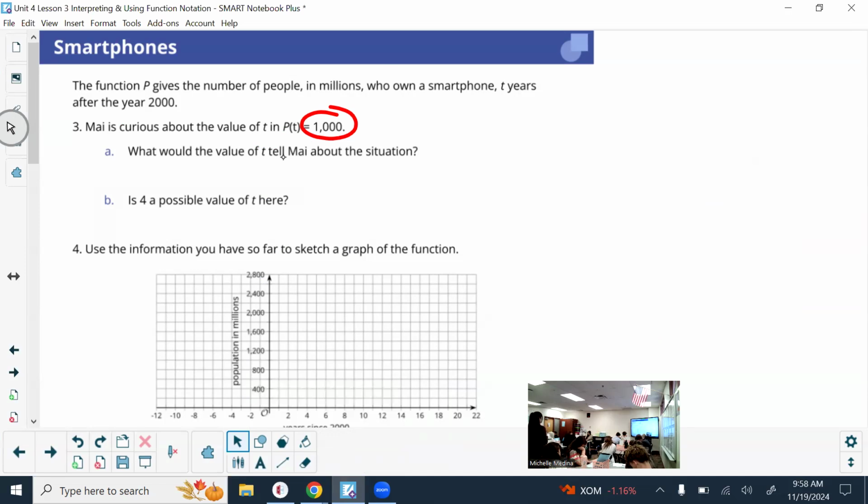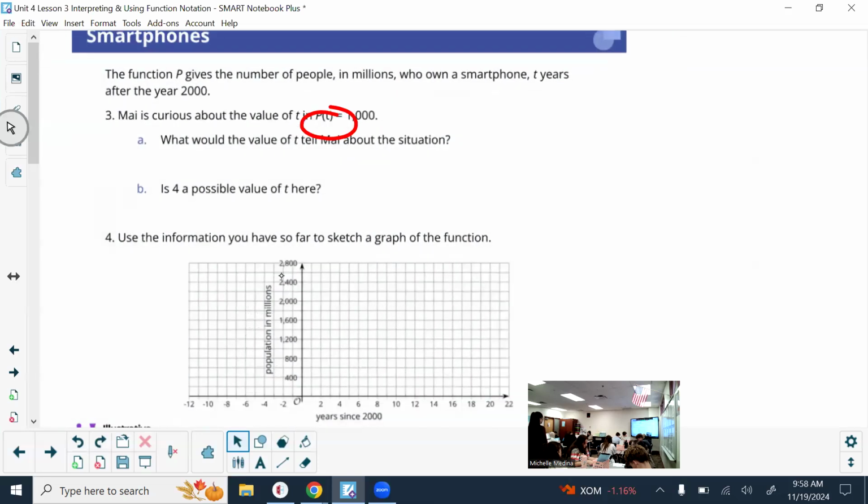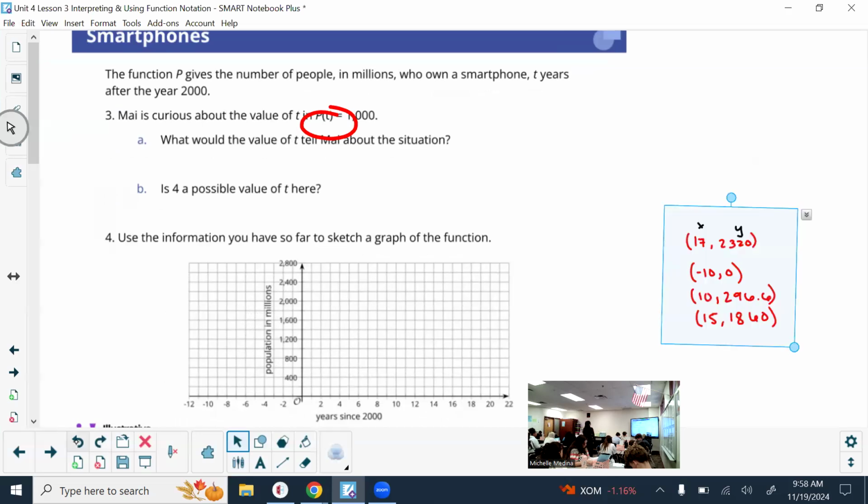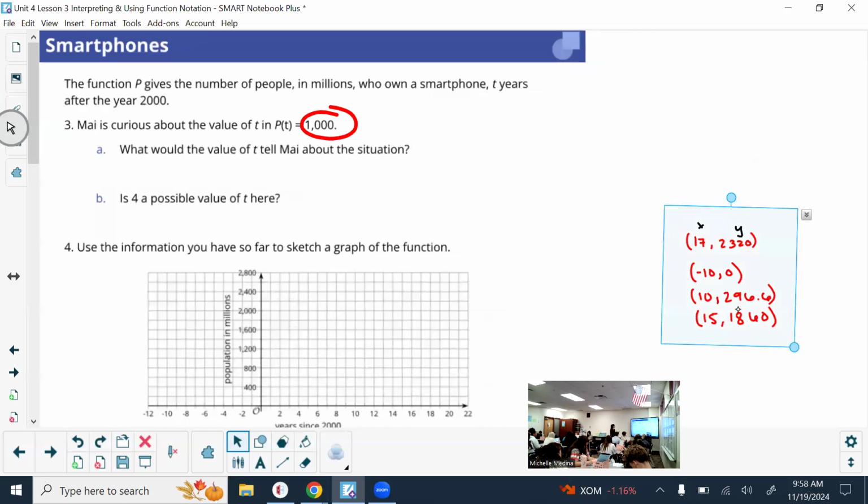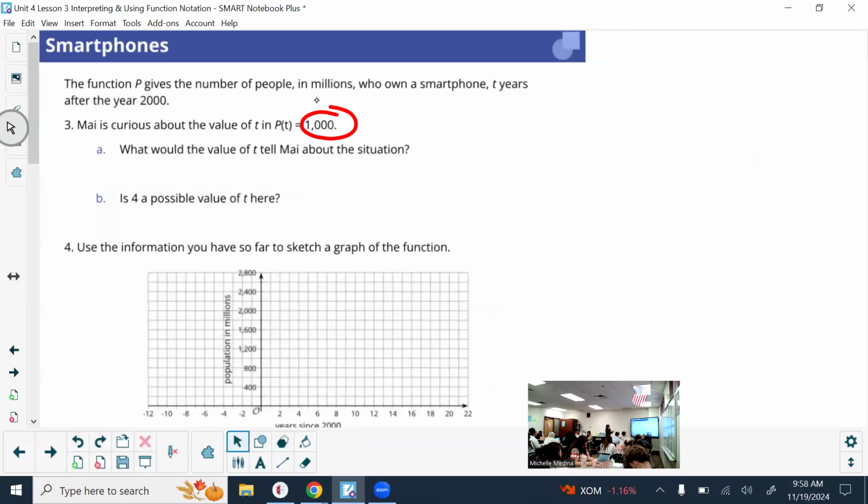And we know for this situation that the Y-axis is, and it even says it down here, the population in millions that own a smartphone. So when it says, what would T tell you about the situation? What was T representing again?